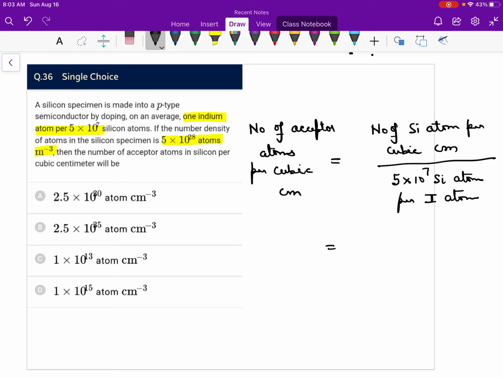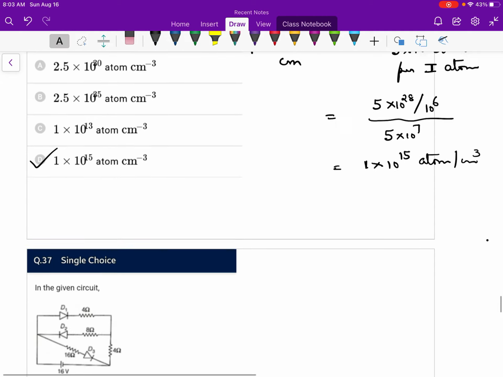The number of silicon atoms is 5 into 10 to the power 28 per cubic meter. So this is 5 into 10 to the power 28 upon 10 to the power 6 per cubic centimeter, upon 5 into 10 to the power 7. So this is 10 to the power 15, 5 upon 5. So this is 10 to the power 15 atoms per cubic centimeter. So D is the correct option.